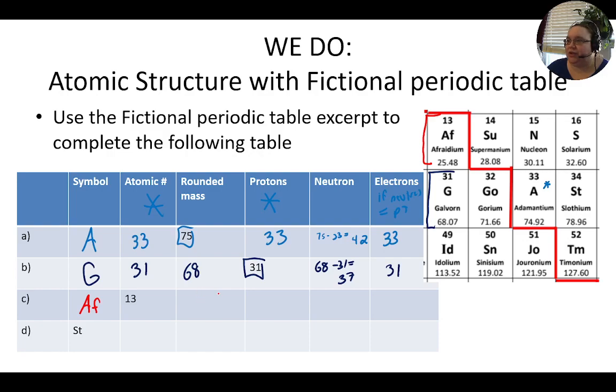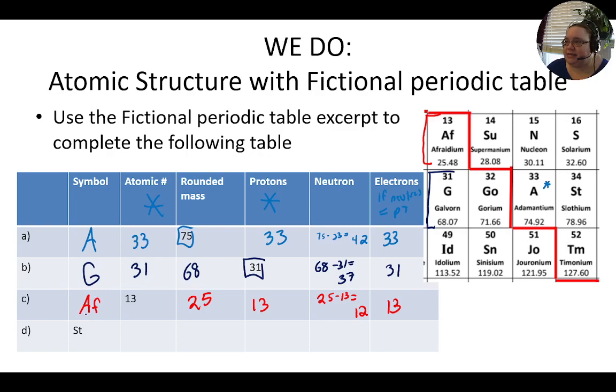Its rounded mass, 26.98, rounds to 27. Protons is 13, electrons is 13, neutrons is 27 minus 13, so 14. So notice your neutrons don't always equal your protons. Sometimes they do, especially for some of the smaller elements, but that is not an always sort of thing.